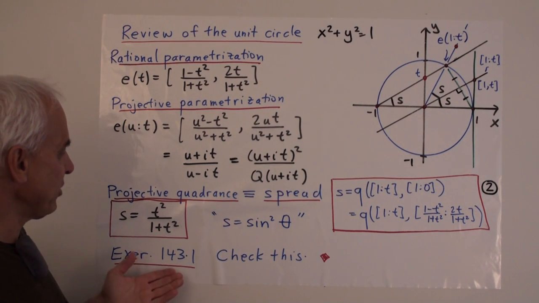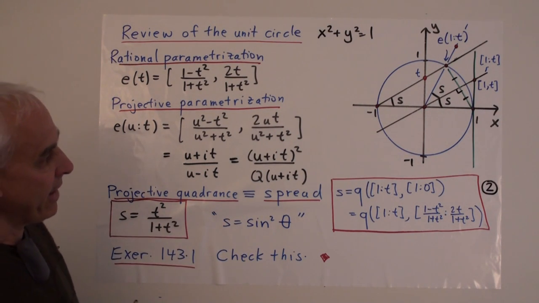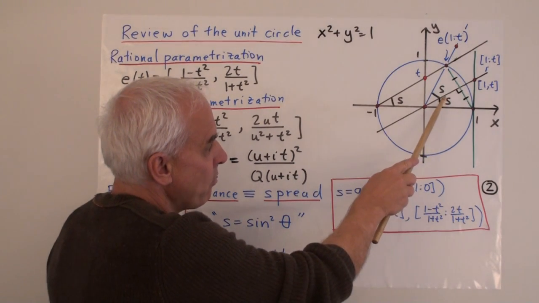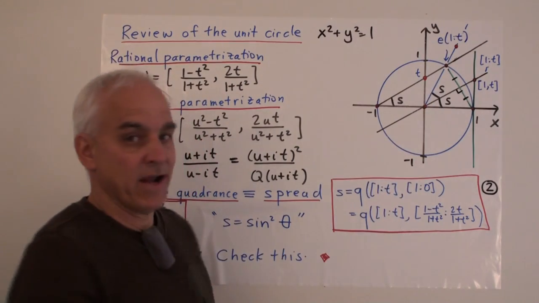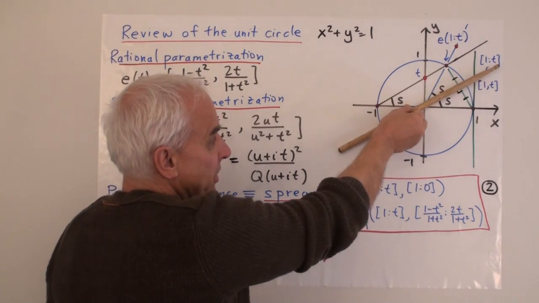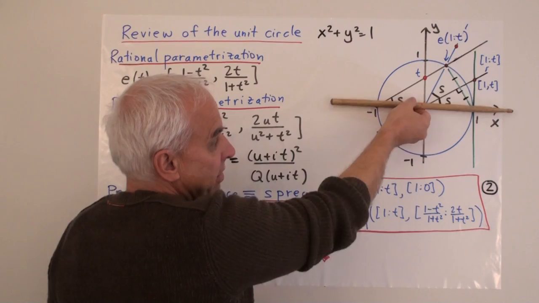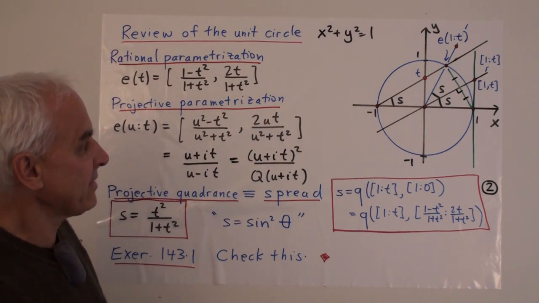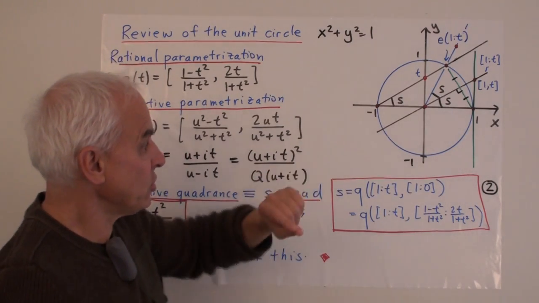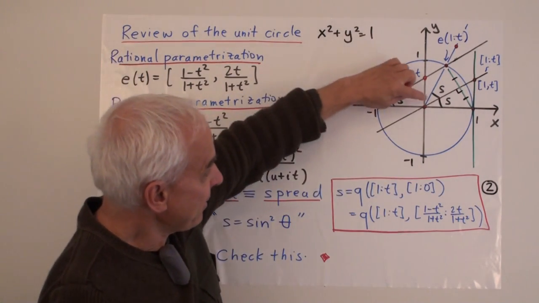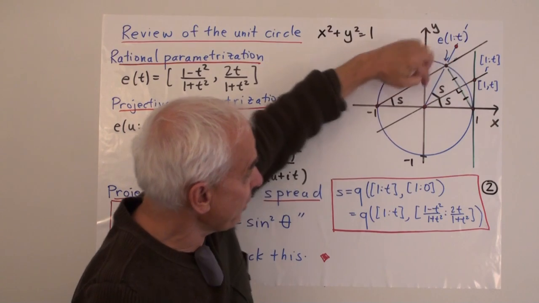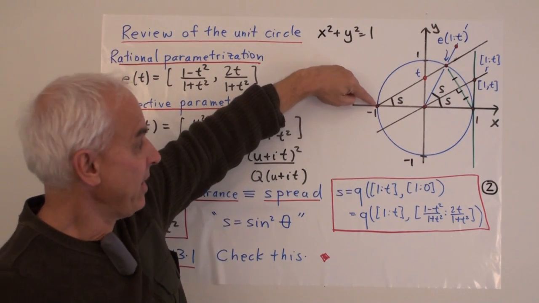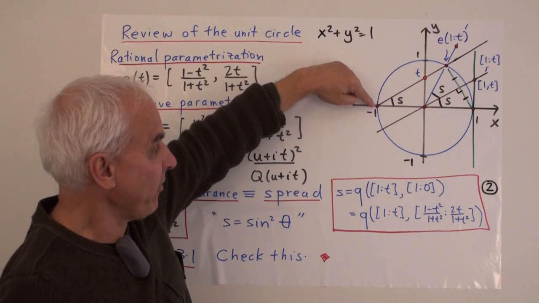Alright, so please check this formula, and you can check that this projective quadrance and this projective quadrance are in fact the same. It is actually true that this is the bisector between these two lines, which reinforces a familiar fact that in classical geometry is stated as: the angle subtended by a chord at the center is twice the angle subtended at a point on the circumference.